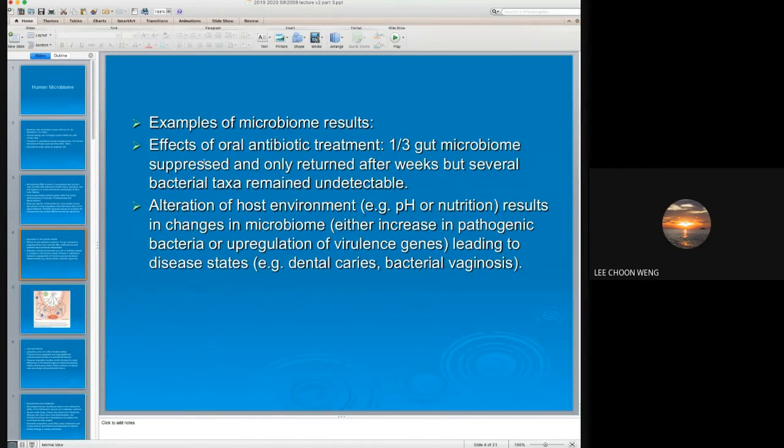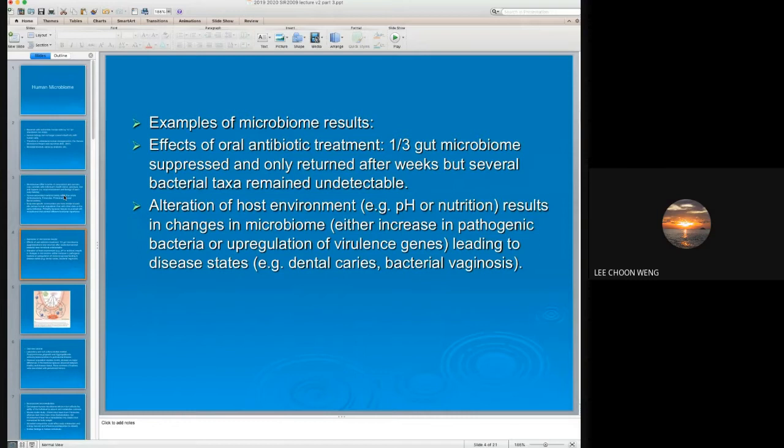Some of the interesting results that we obtained from microbiome studies show that when you take oral antibiotics, one third of your gut microbiome is suppressed, and it only returns weeks after you stop the oral antibiotic treatment.